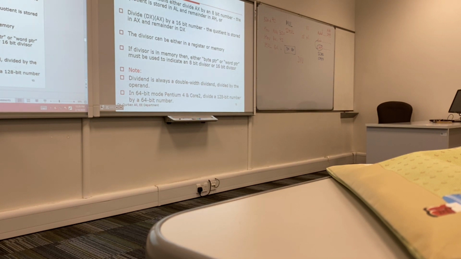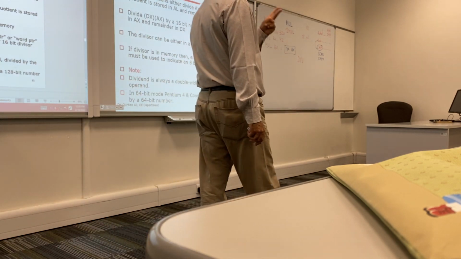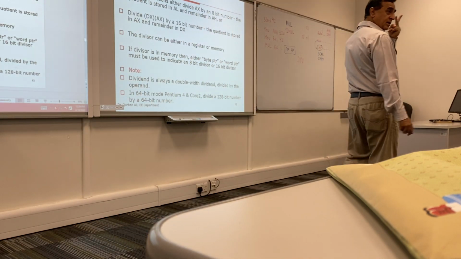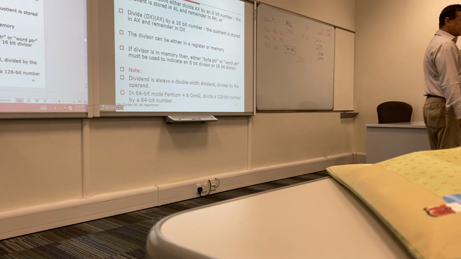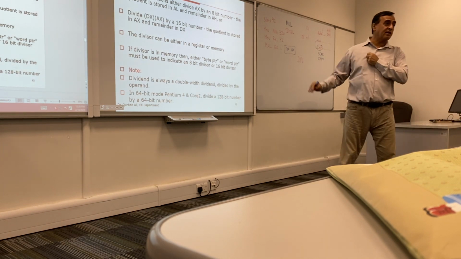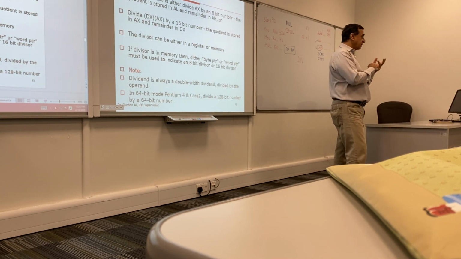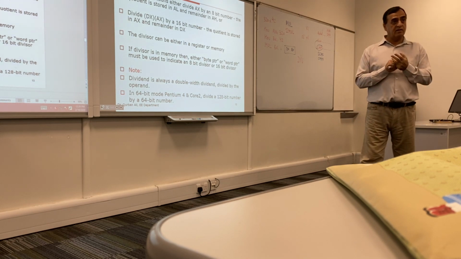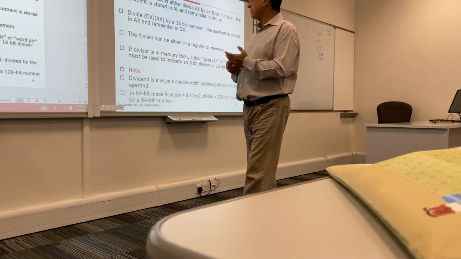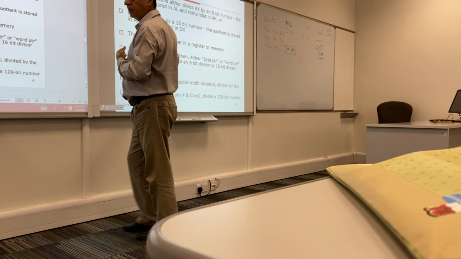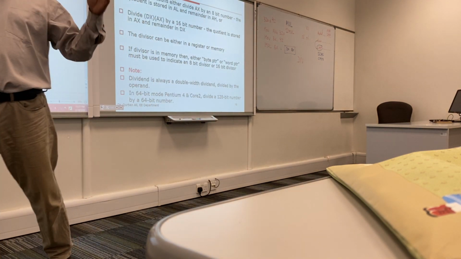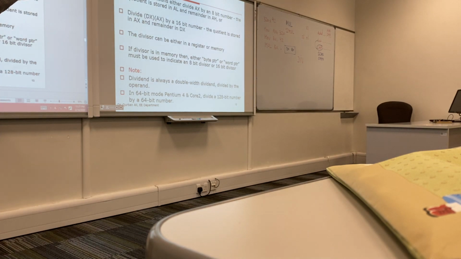When we divide, most of the times the answers will be smaller than the original values. Number 2, in division we have two answers, quotient and remainder. Others are the same like multiplication, like one of the values has to be in the accumulator, correct? And for MUL, if the numbers are negative, we said IMUL. Similarly, for negative numbers here, instead of DIV, we will have IDIV.